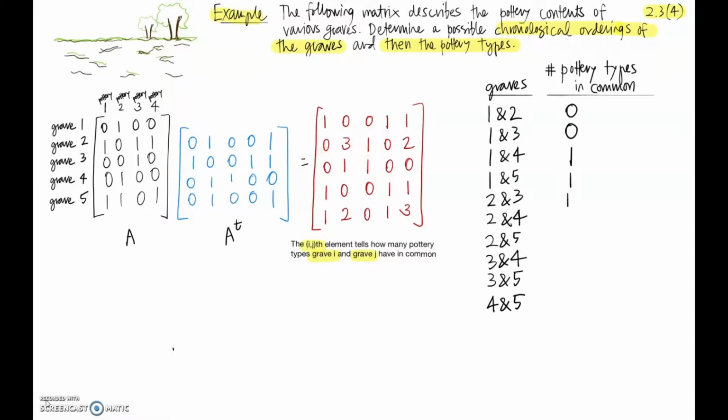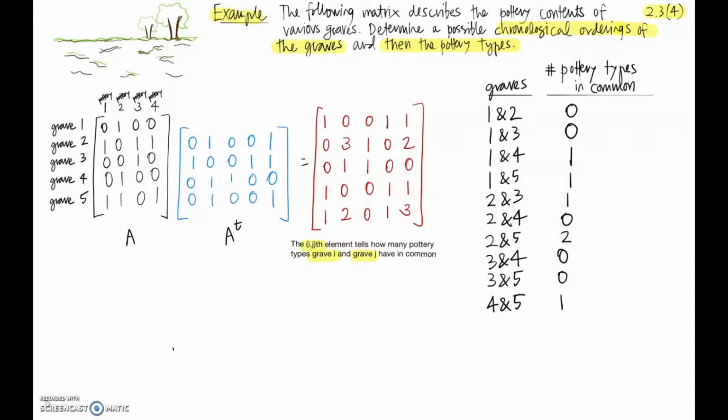And graves 2 and 4 have none. Graves 2 and 5 have 2 pottery types in common. That's a strong connection. And then graves 3 and 4 have 0 in common. And graves 3 and 5 have 0 in common. And the last 2 that we needed to catch were graves 4 and 5 right here. And they have 1 pottery type in common.